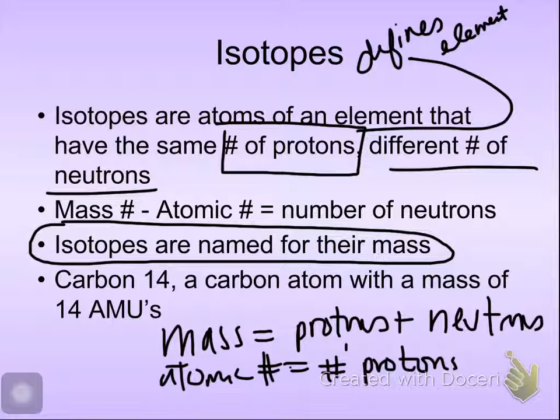Guess what the mass of nitrogen-14 is? 14. What is the mass of cobalt-60? 60. The mass of potassium-40? 40! You guys are getting this.